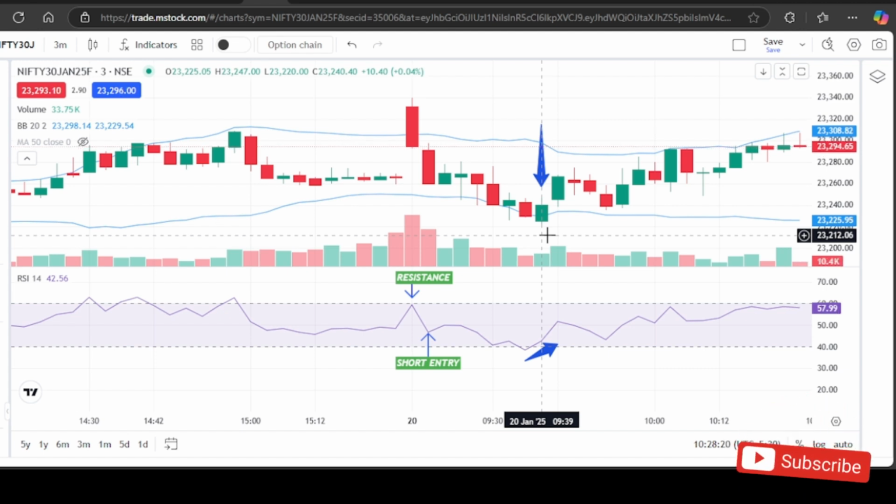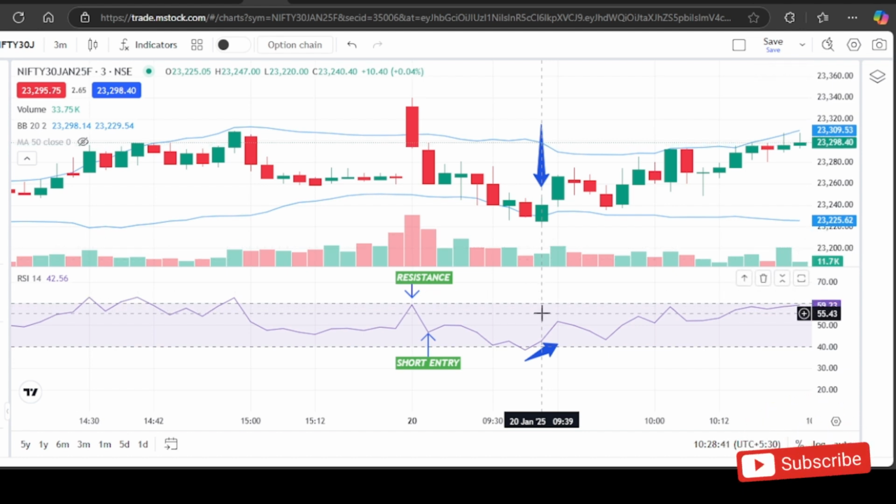You will get around 40 points, 400 rupees you will earn in this trade in 20 minutes. Now, if you're going with a bigger lot size, definitely you are going to get a big winner here. 20 points in 20 minutes is good, I believe, for beginners.